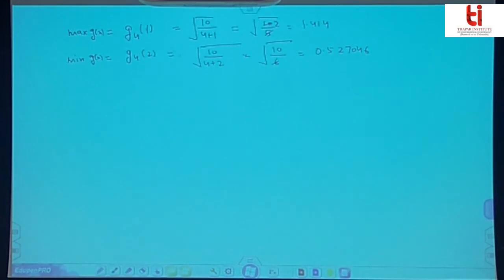Okay, so the range is lying inside 1 to 2, between 0.527 and 1.4142.